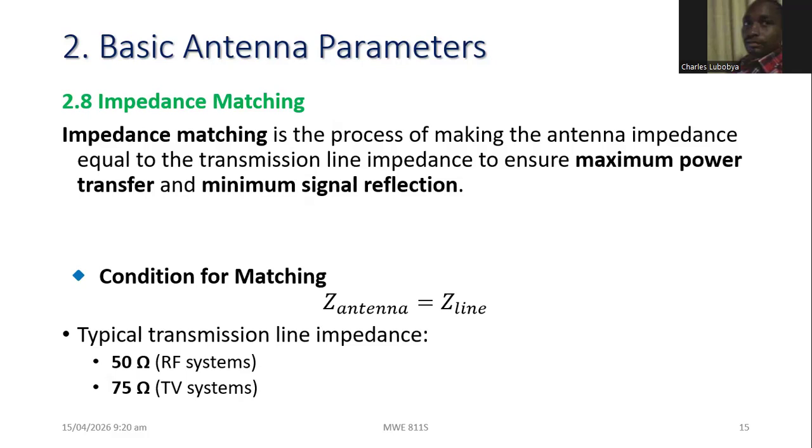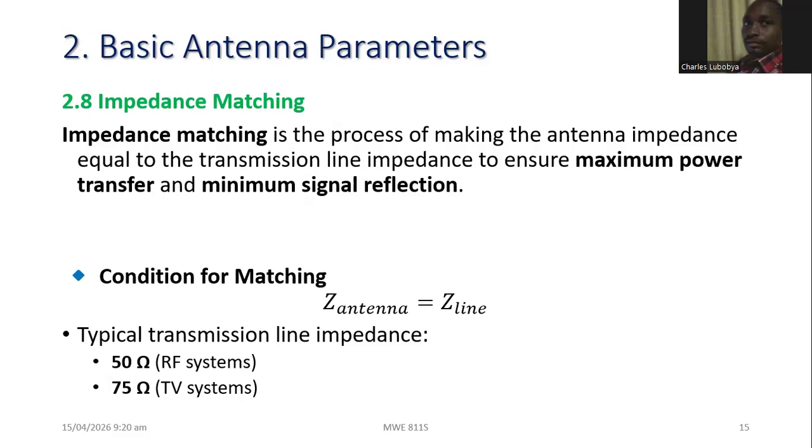Okay, so that line will have a characteristic impedance. And then the antenna has resistance, has impedance, what we call antenna impedance. So that antenna impedance must be equal to the transmission line impedance to avoid reflections.